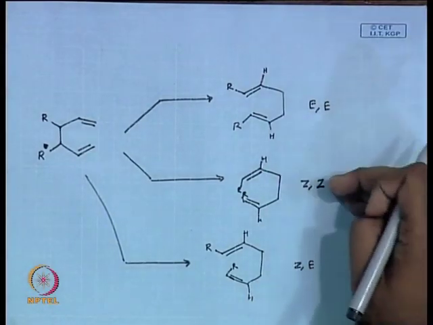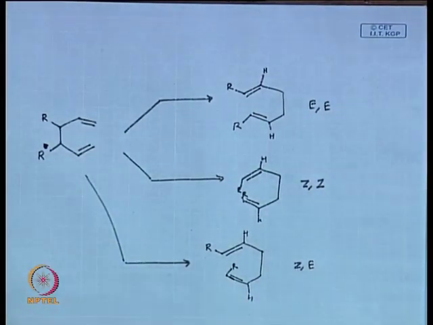So, you can think about three products here. It is not only one product, you can think about three products when you talk about the Cope stereochemistry. You can get E and E, you can get Z and Z, you can get Z and E.